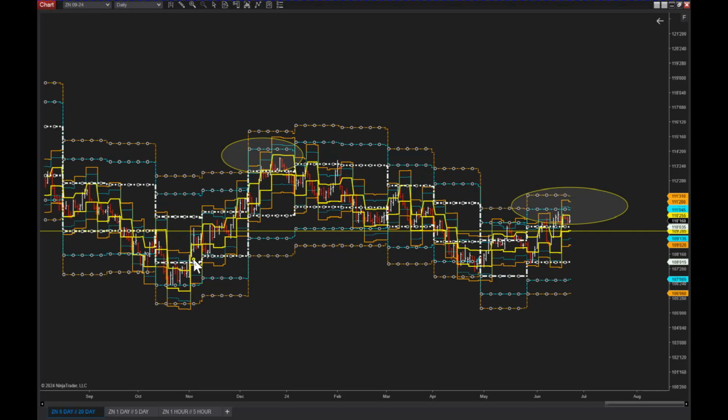So if that is your ABC, this would be the C leg and potentially at least a measured move of the AB.